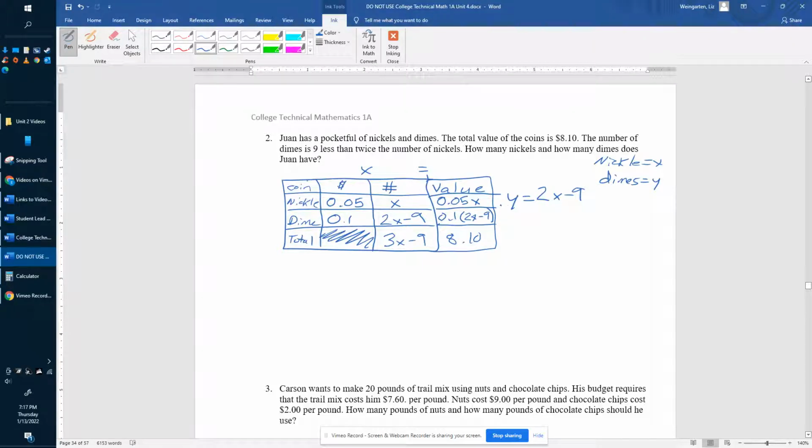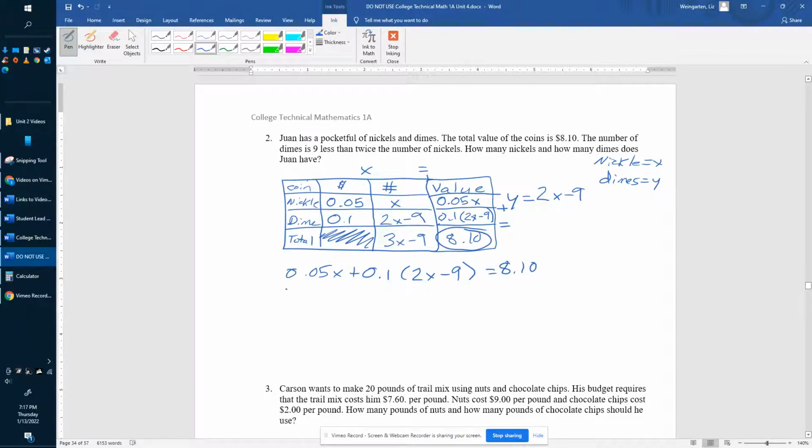Now we're going to take these two, add them together to equal what's in this cell. So we'll take 0.05x plus 0.1 times (2x minus 9) equals $8.10.